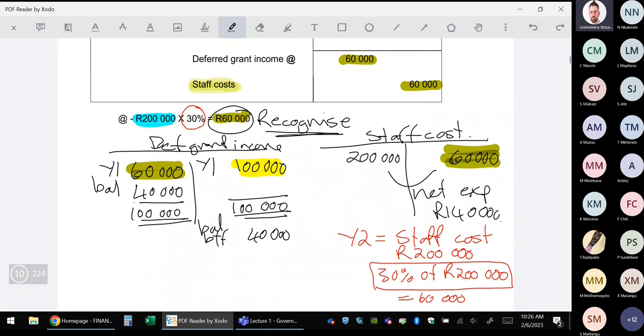But we only have 40,000 left in that deferred grant income account.